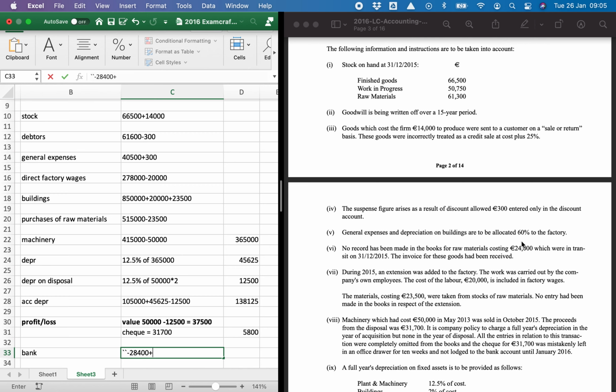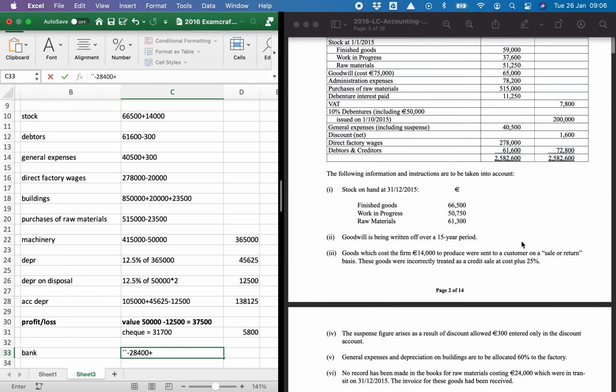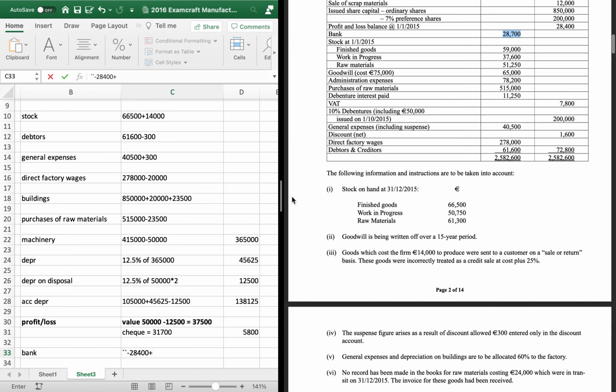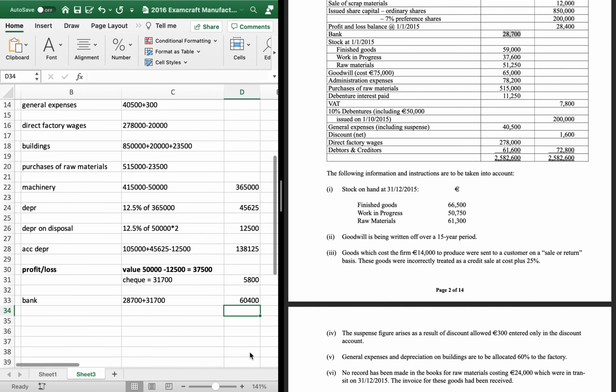So it wasn't lodged till 2016, so it's not in the bank account this time. So we will add on. Sorry, I have that wrong. Bank is 28.7, which is a positive, so it's not a minus. So bank is a current asset, and we're going to add on to that 31.7. So your bank is 60,400.